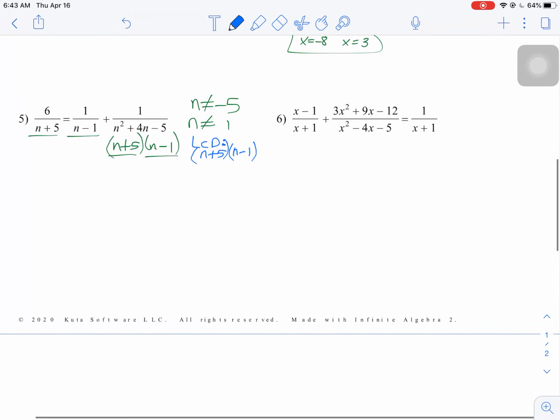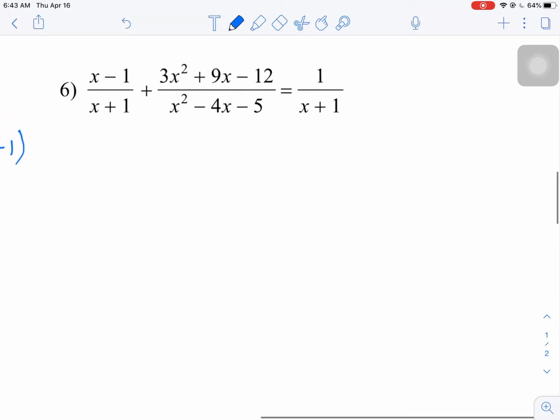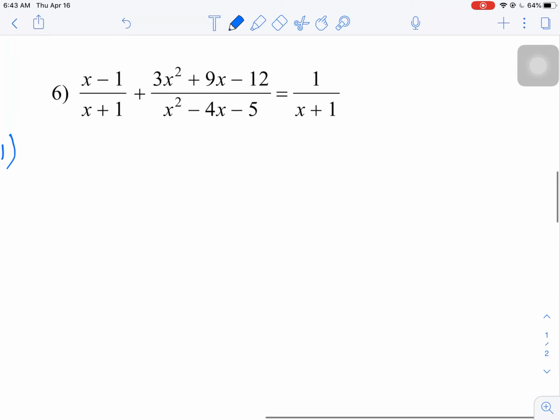On 6, sort of similar to 5, we want to factor that trinomial in the bottom of the second fraction. So we're looking for two numbers that multiply to -5 and add up to -4. So -5 and 1.